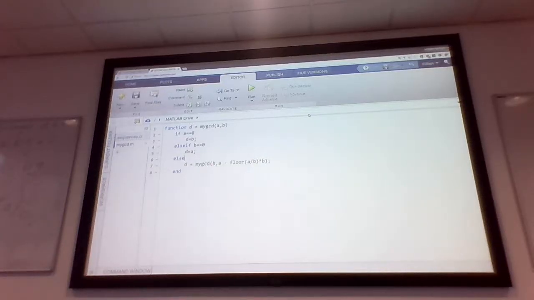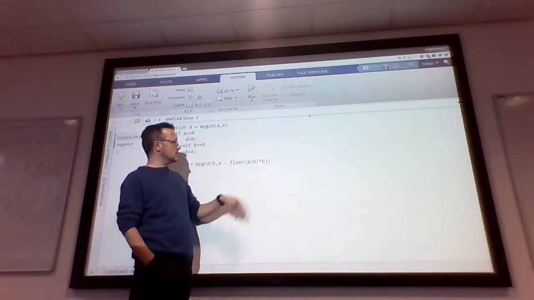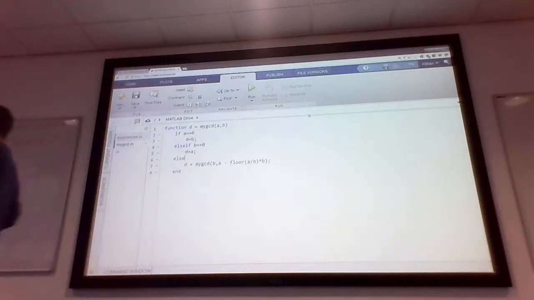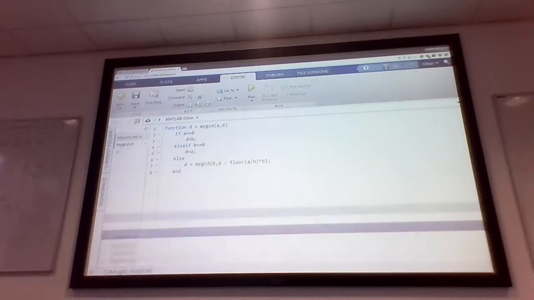Floor of 20.1 is 20. It's the largest integer less than or equal to the argument that you give it. So we give the floor function the argument a divided by b, and that will give us out this integer quotient q. So when we do a minus the floor of a divided by b times b, that gives us the quantity r.